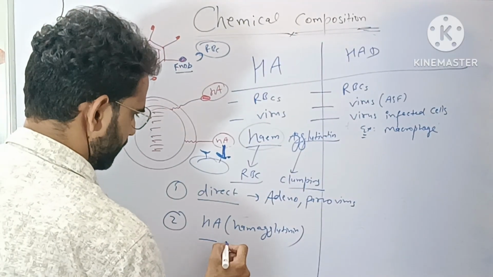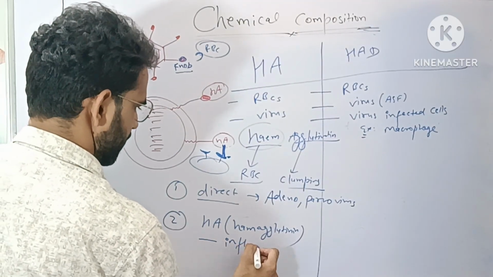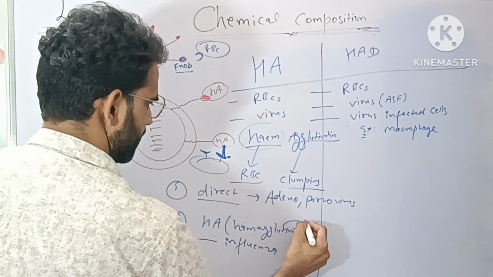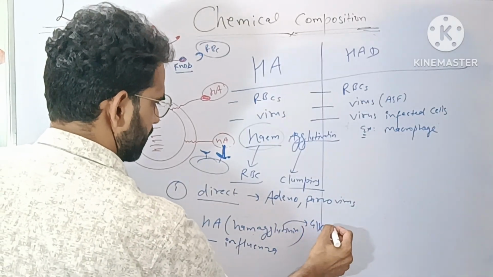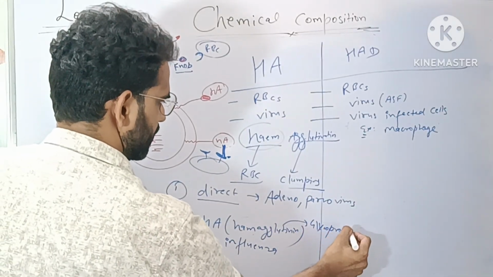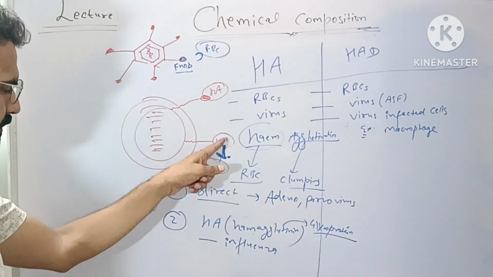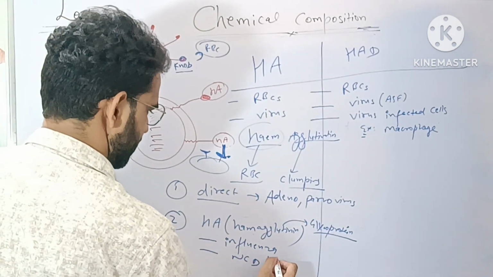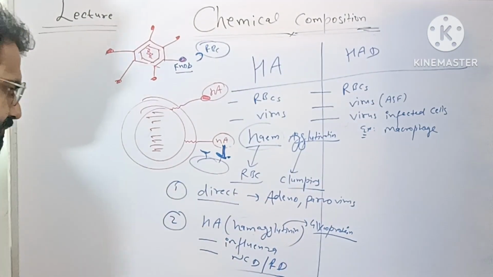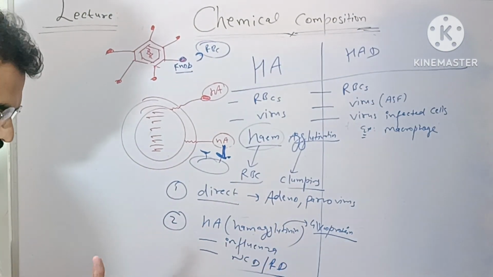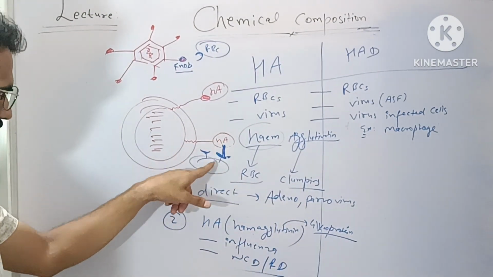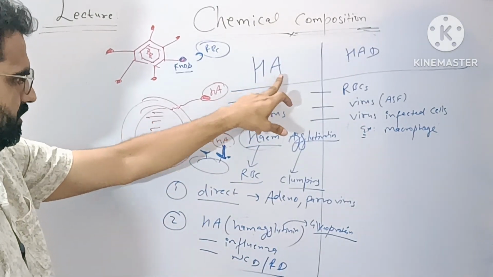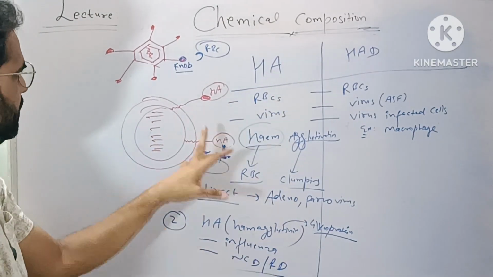There are two examples via this hemagglutinin protein, which is nothing but a glycoprotein, or spike, or peplomer. Number one is influenza, and number two is Newcastle disease, that is Ranikhet disease. So these two viruses use their hemagglutinin glycoprotein and cause hemagglutination, clumping of the RBC.